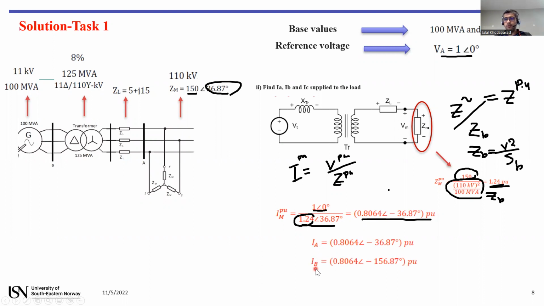However, for phase B, you just have a 120 degree phase shift. The angle of the current in phase B is the angle of the current in phase A minus 120 degrees.